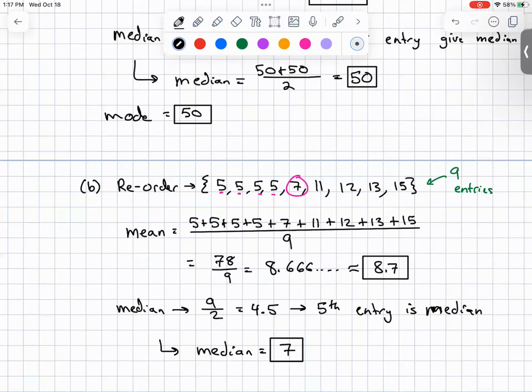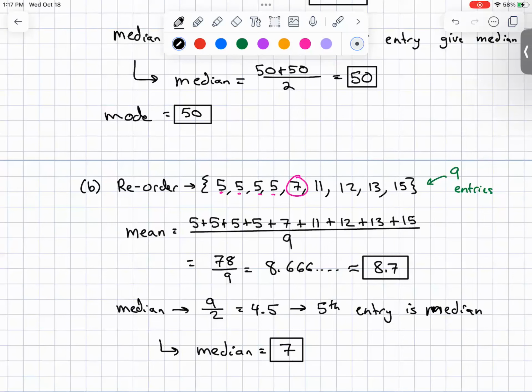But if you get a number ending in 0.5, once again, if you divide your total number of data entries by 2 and you get 4.5, then the next number, 5, is going to be the data value. If you get 7.5, the 8th data entry is going to be the median.